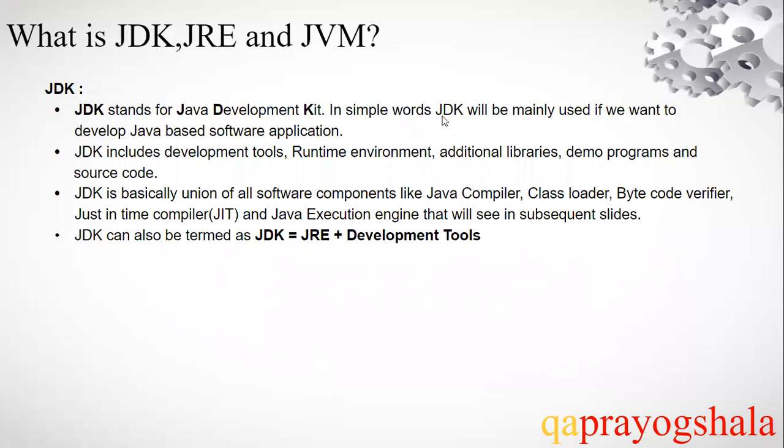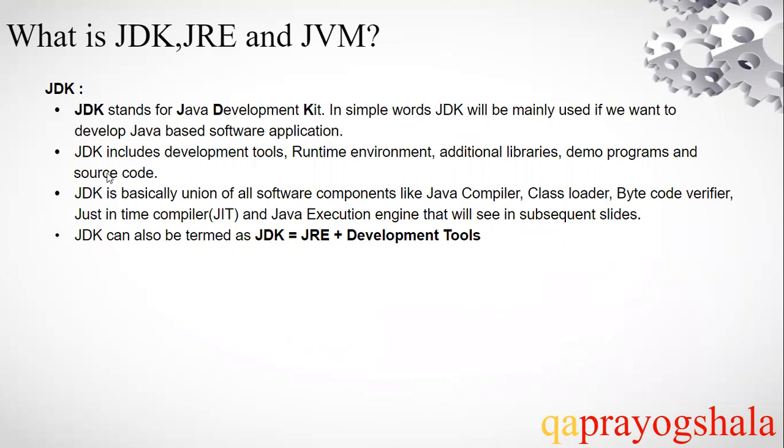In simple words, JDK is used if you want to develop a Java-based software application. So suppose you want to develop some software application that is based on the Java language, then each and every component that is needed in order to build the application is known as the Java Development Kit.